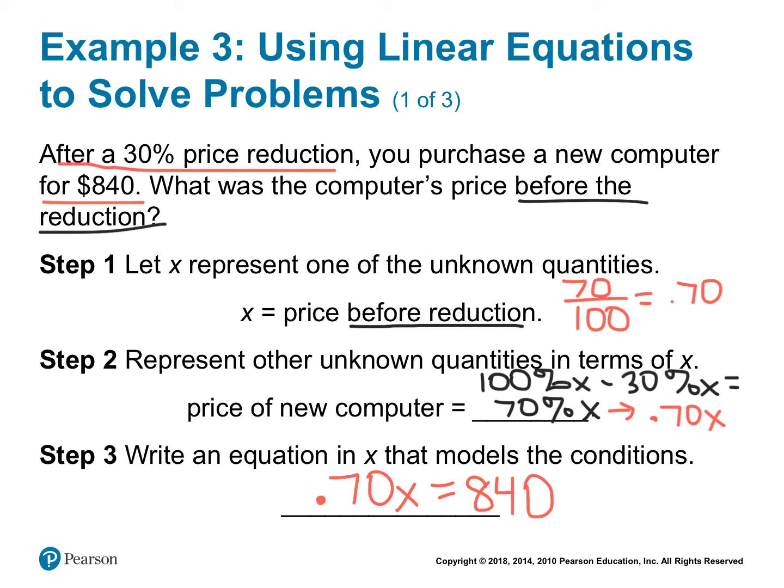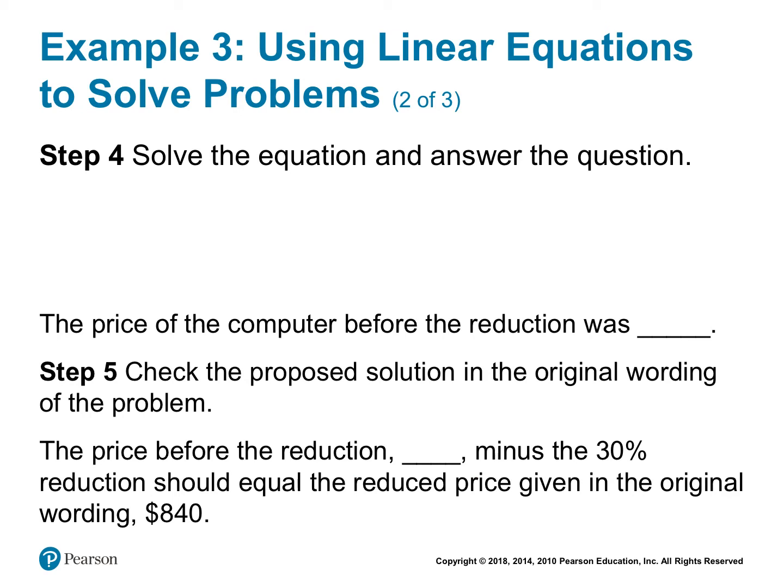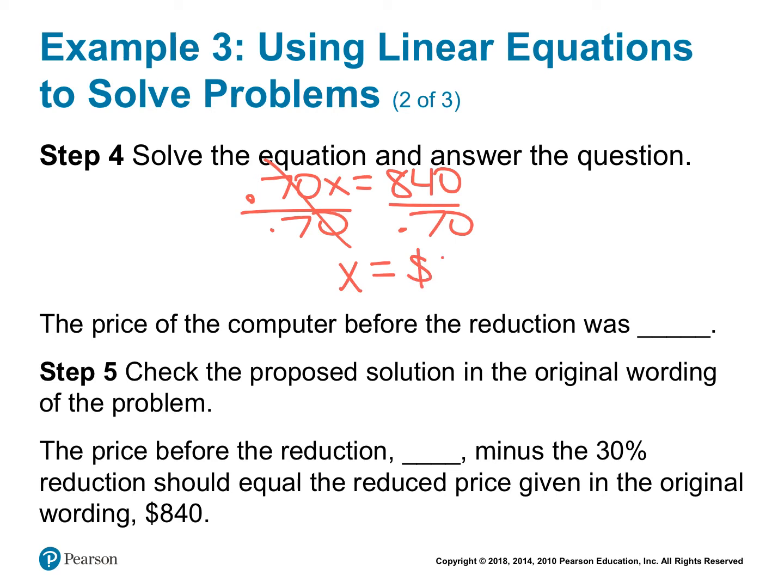So 70% of the original price, and now we're at $840. So let's go ahead and solve that. We had 0.70x equals 840. Divide both sides by the decimal. You're going to get x equals $1,200. So X represented the price before the reduction, so the price was $1,200 to start with.